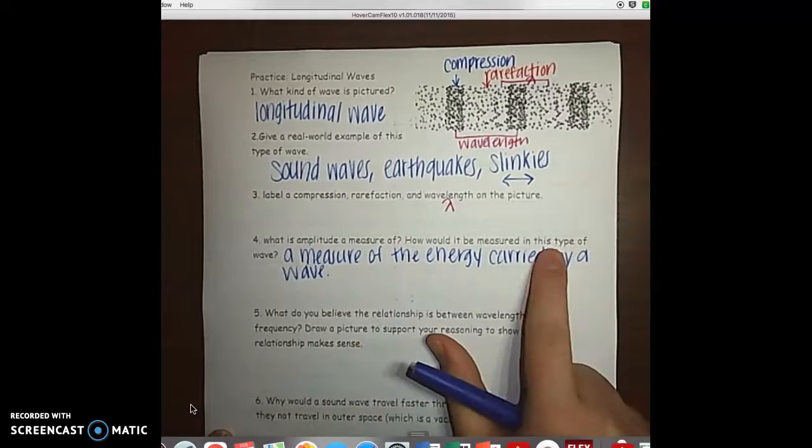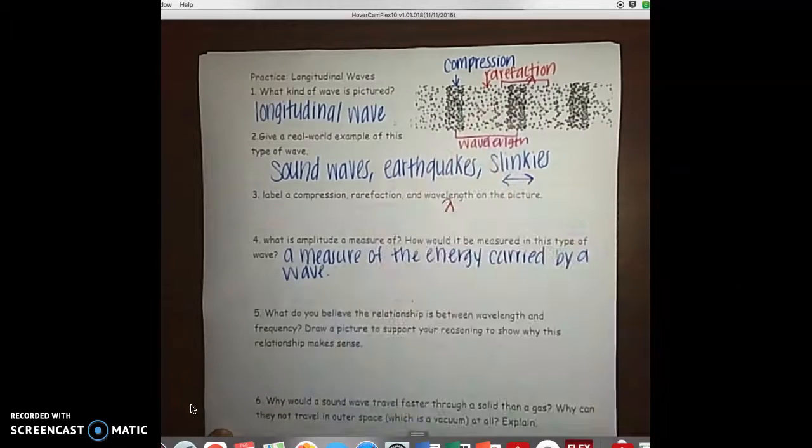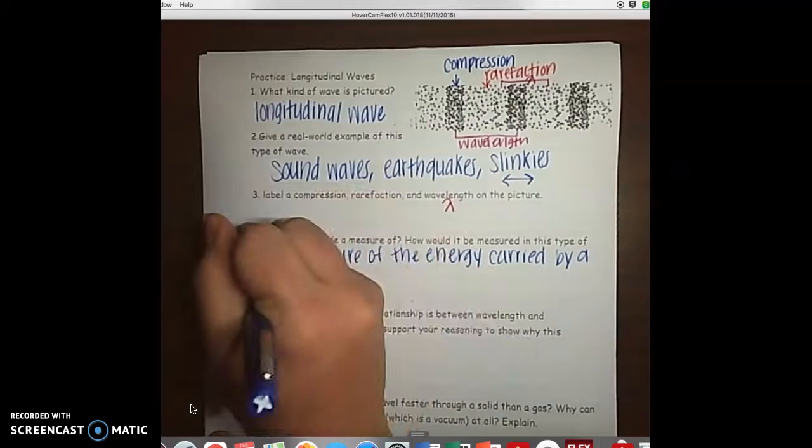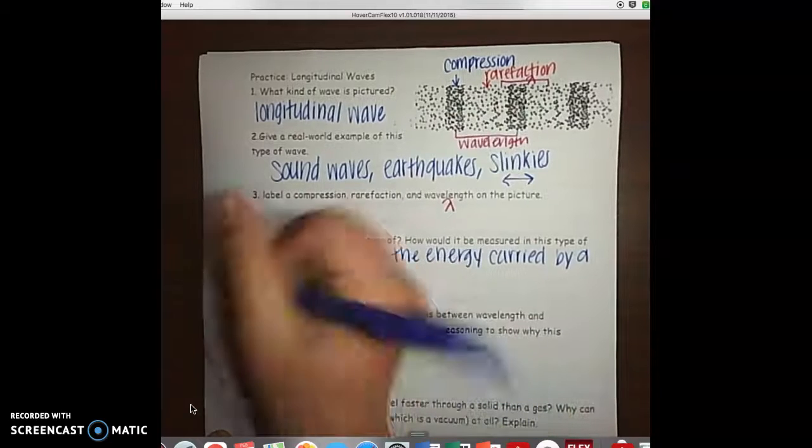The way we measure amplitude on a longitudinal wave is the density of the compression.